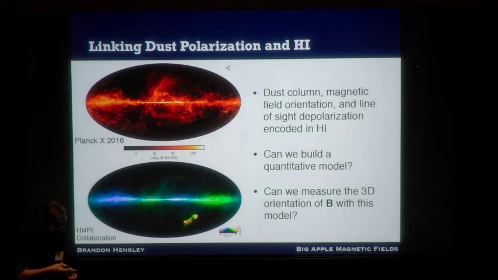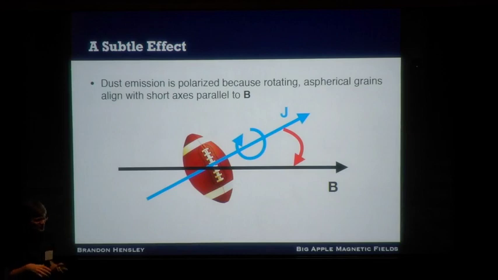Okay, so I want to start out by talking about a subtle effect in dust polarization and how Cheng and I are working to try to see this effect in data, because if we do see this effect, then we will be confident that we have a clear and quantitative understanding of the relationship between dust and gas, and be confident that we're actually tracing variations in the angle between our line of sight and the galactic magnetic field.